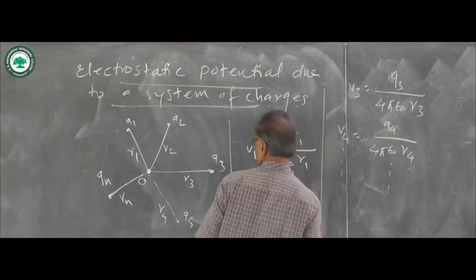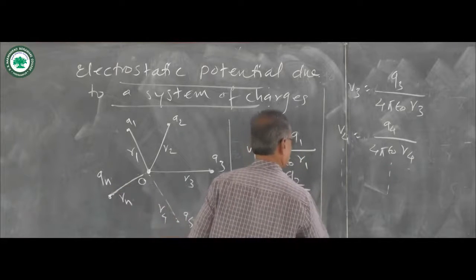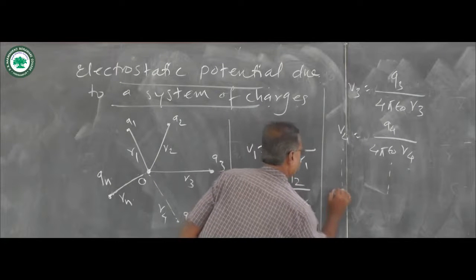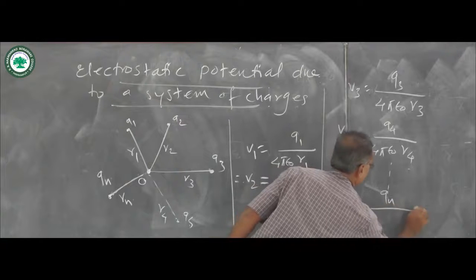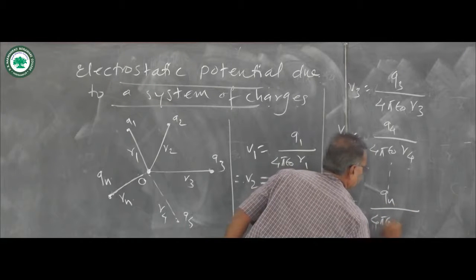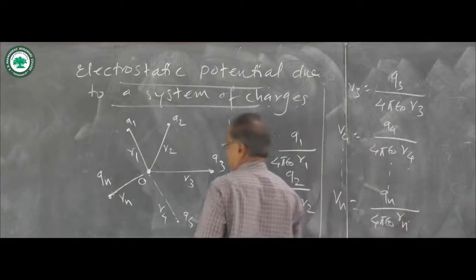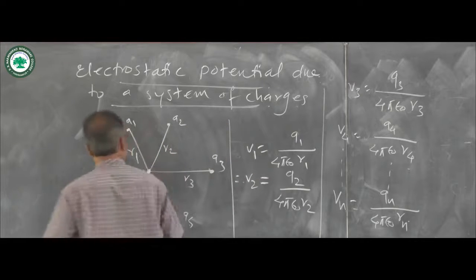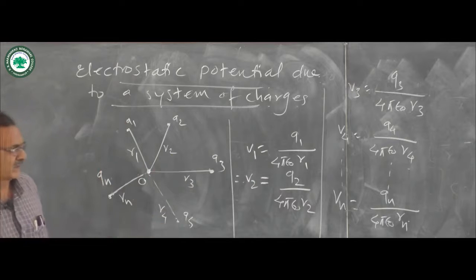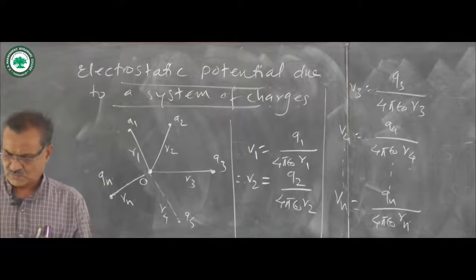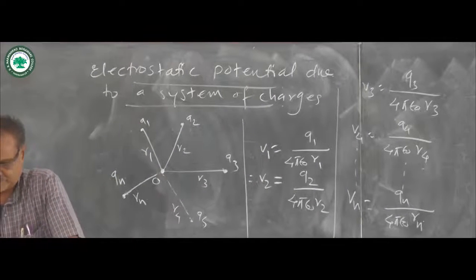Another, charge Qn produces potential Vn, which is Qn upon 4 pi epsilon naught respective distance Rn. Now these are the electrostatic potentials due to the number of charges.